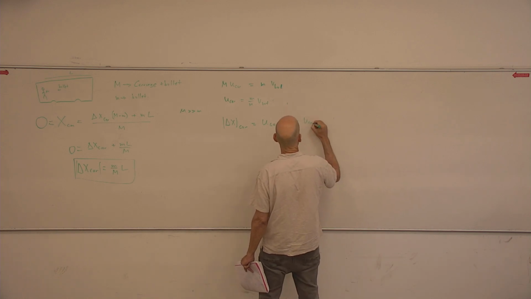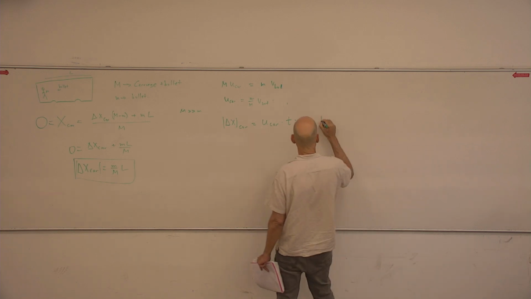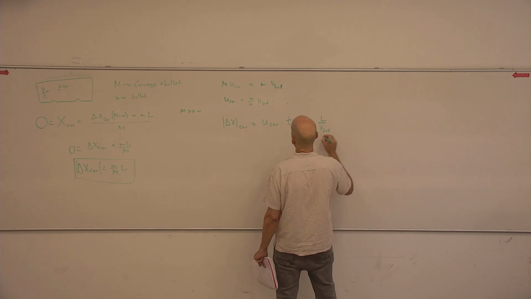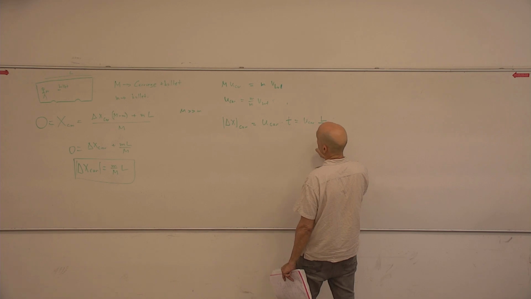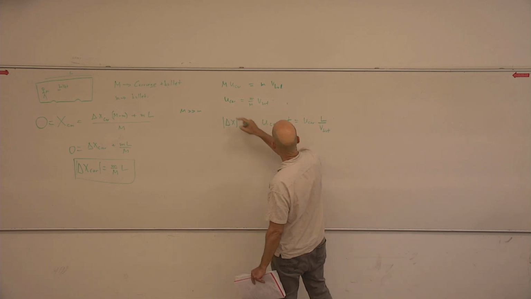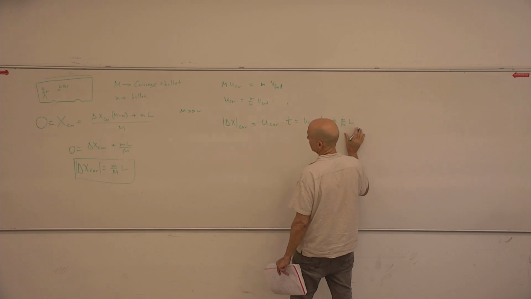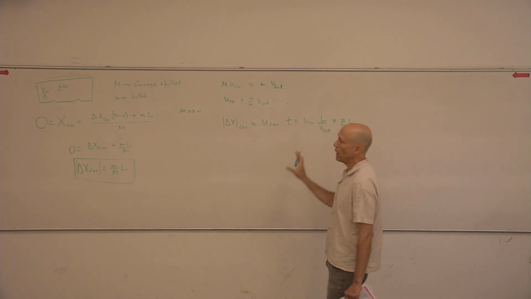It is simply the time that the bullet was flying. So this is L divided by v bullet. But u divided by v, if you put it here, this is equal to m over M times L. But this is exactly the same as what we had here. So why did I do this again?